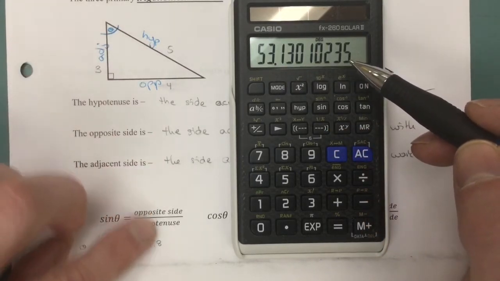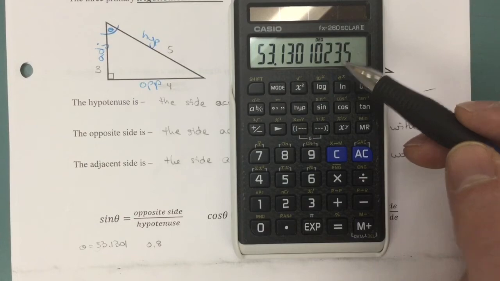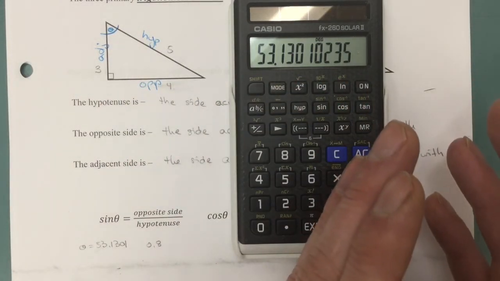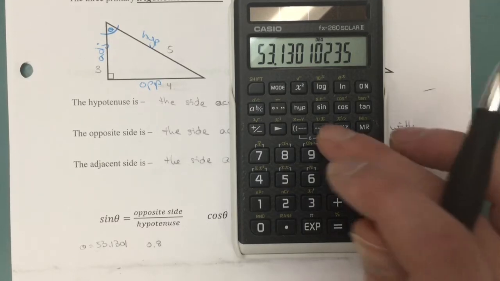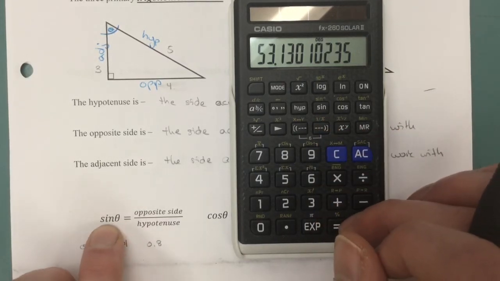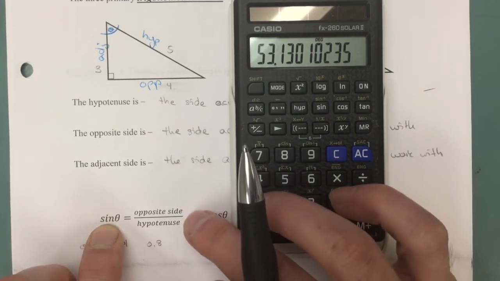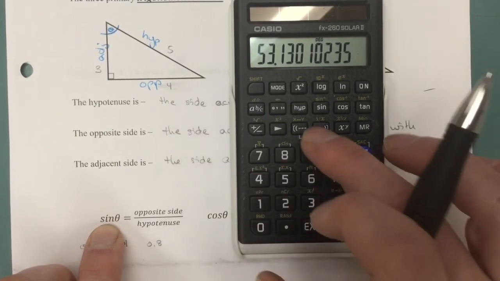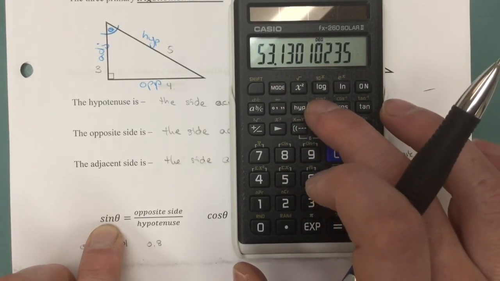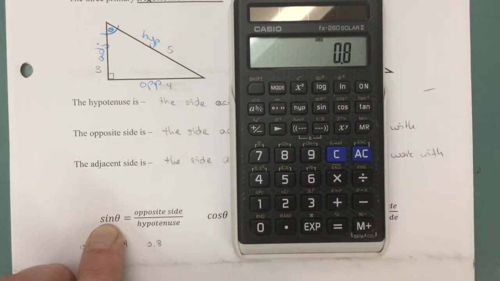If I take this number now and say this is my angle, and I want to find out what this ratio is equal to, then I will go from an angle to the ratio. I have the angle, and the sine of that angle will get me the ratio, so I use this angle and the sine button to figure out the ratio, and there it is.